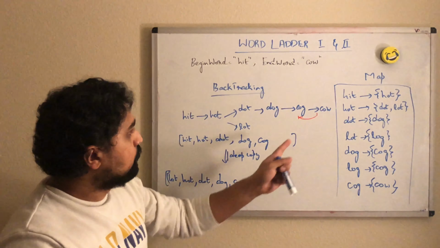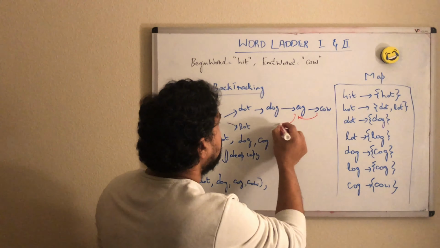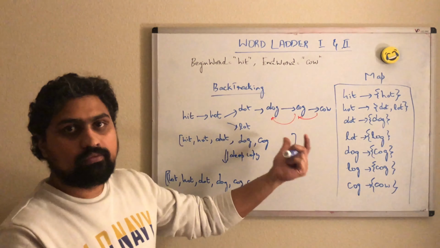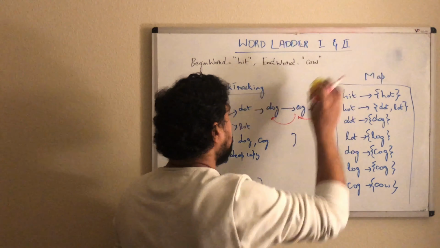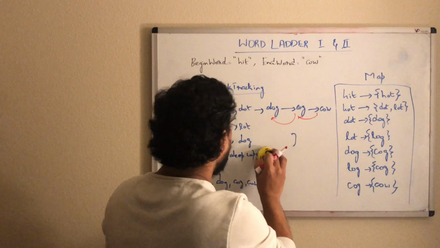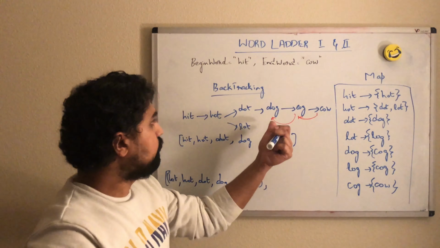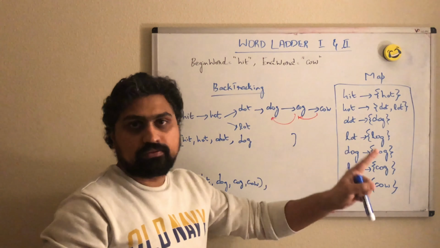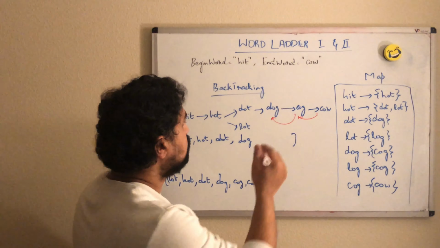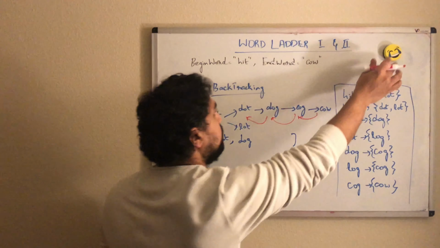We have already done the deep copy, so I'll remove this here. Okay, from dog, are there any other transformations possible? No.